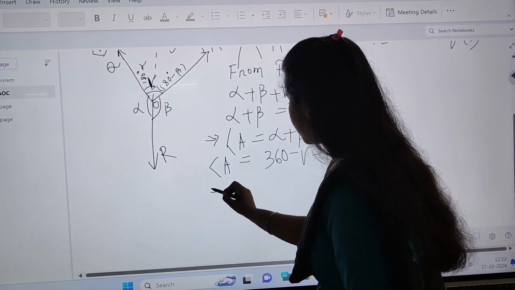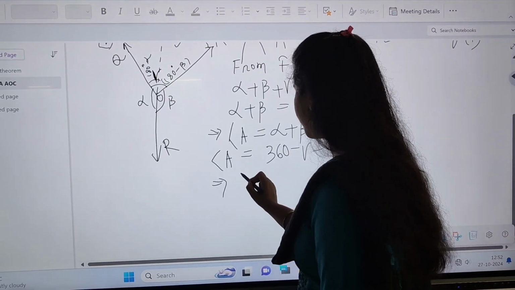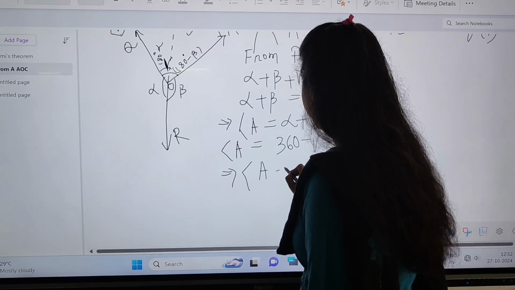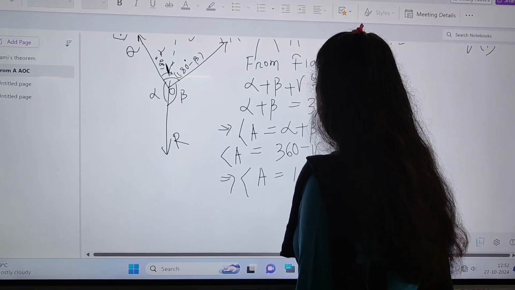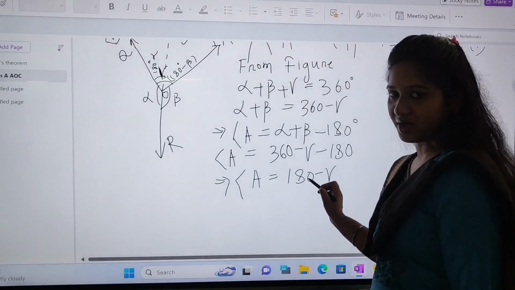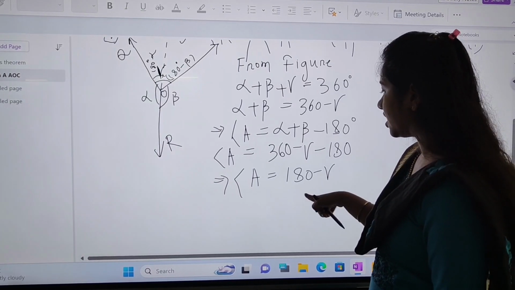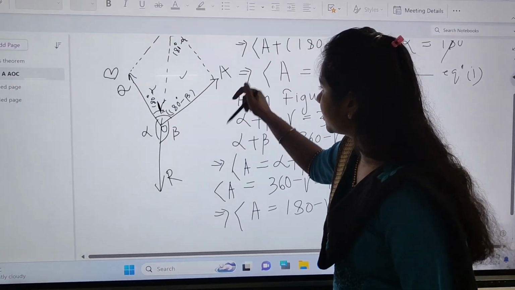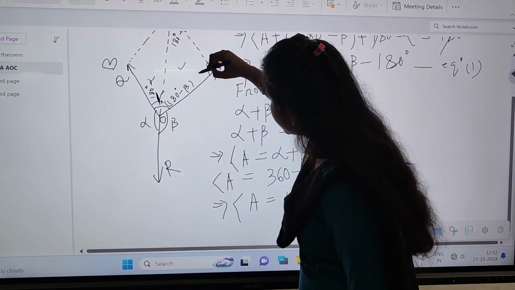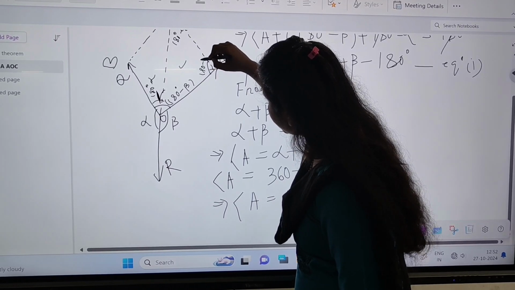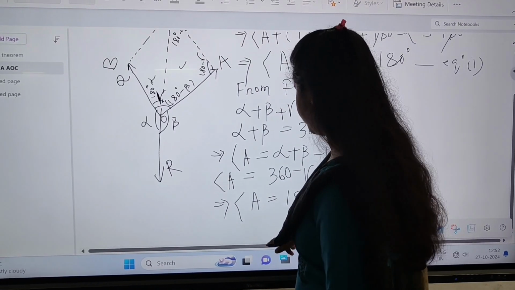Next, 360 minus 180. Corner A equals, we find, 180 degrees minus gamma. So we write down the A value here. This corner is found to be 180 minus gamma.